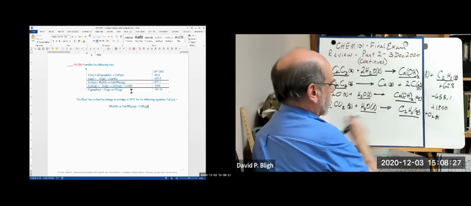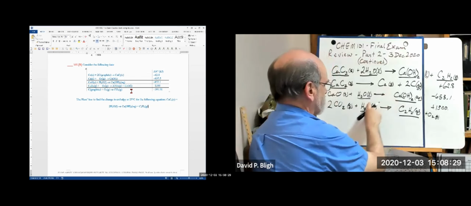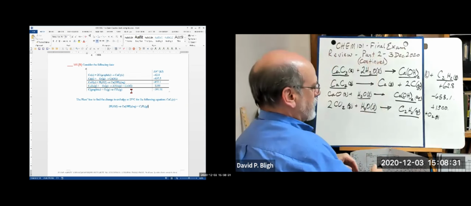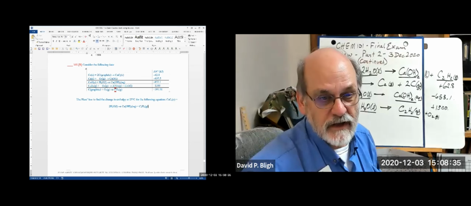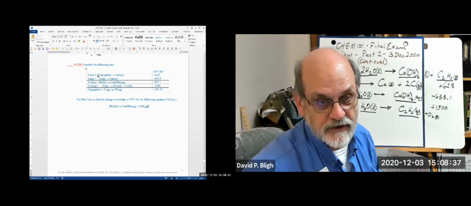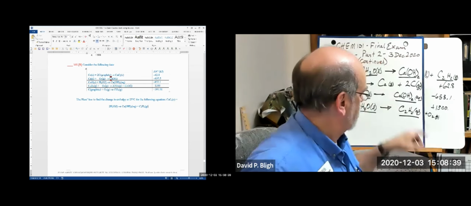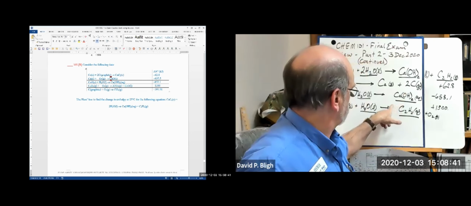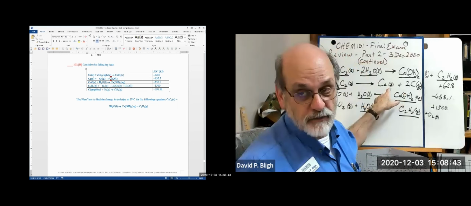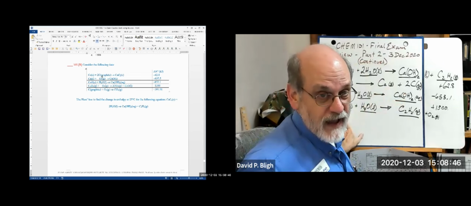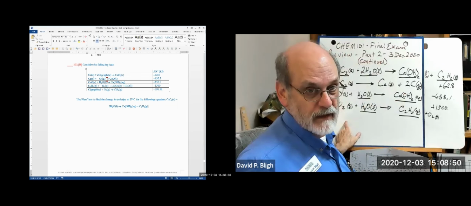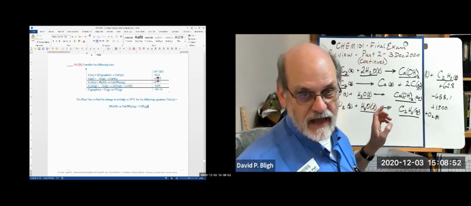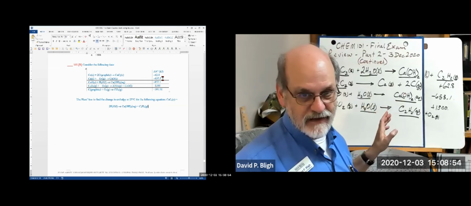So calcium is here. There's no calcium there. So what we've got to do is take this one. We skipped the second one. And we've got to get rid of calcium. Calcium's a product here, so it needs to be a reactant, and it is a reactant in that scenario. So we write it as is and carry this number as is.